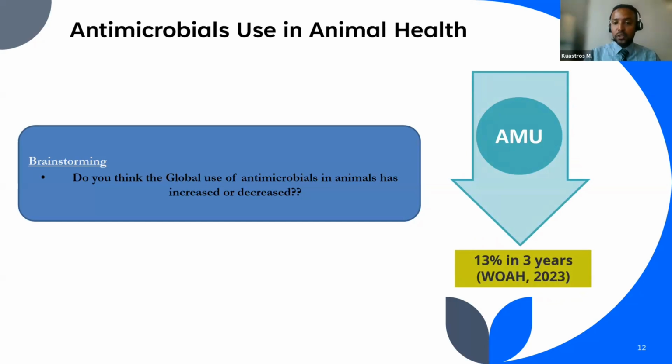I understand some of you said increased because in the previous slide I showed you that, particularly in low and middle income countries, antimicrobial use increased by 67% in the animal sector. Yes, that's really alarming, particularly for developing countries. But at the global level, because of so many efforts and the understanding that antimicrobial use is one of the driving factors for AMR, there is a global initiative to decrease antimicrobial use in the animal sector.